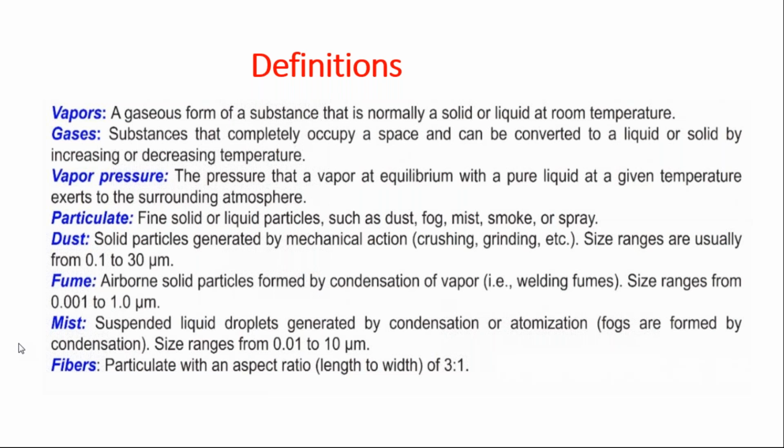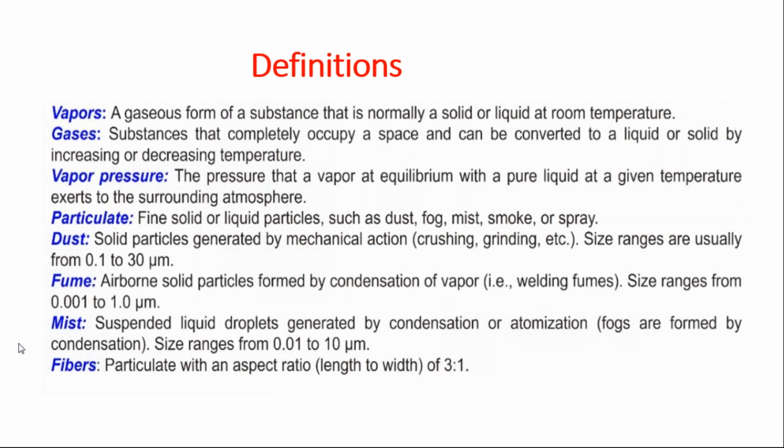Okay, any point, any question so far about this slide? What does aspect ratio mean in the last point, fiber? Aspect ratio is the ratio of length and width. Like when there is a sphere, there is a rectangle.